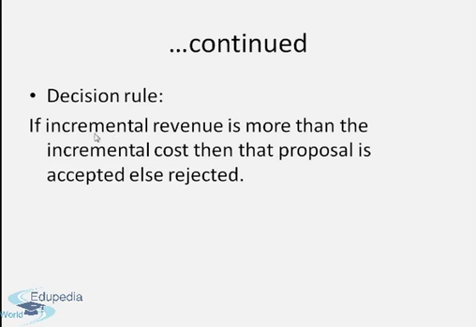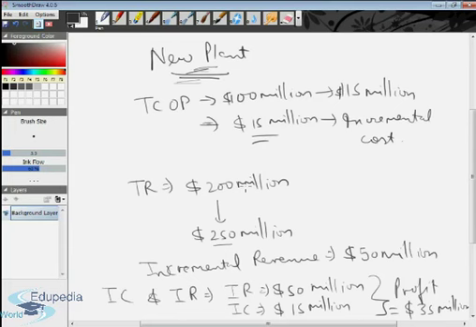The decision rule says that if the incremental revenue is more than the incremental cost, then that proposal is accepted, else rejected. As in our example, the incremental revenue was more than the incremental cost, so we accept this proposal and introduce the new plant. If the incremental revenue was less than the incremental cost, we would have rejected this decision.